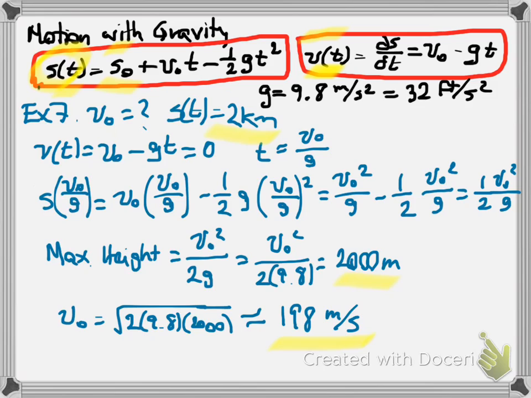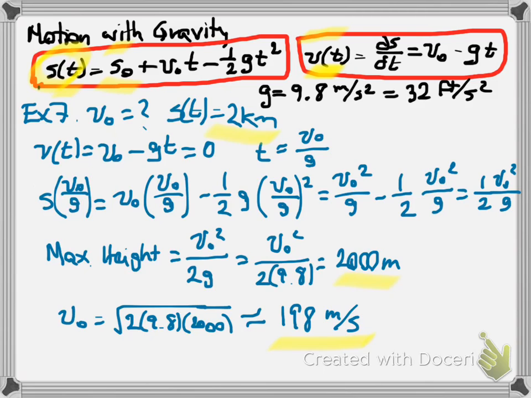I hope you understood these problems. Going back to this one, they asked us to find the initial velocity for the bullet that was fired vertically to reach the maximum height of 2 kilometers. So we wanted to know when it reaches those 2 kilometers.